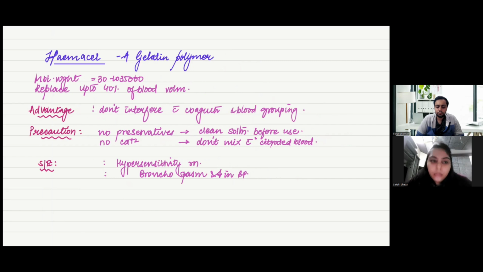Since HemSL does not have any preservatives, the solution has to be clean before use. And also, it doesn't contain calcium, so it cannot be mixed with citrated blood. Side effects of HemSL are again hypersensitivity reactions and bronchospasm, or it can lead to hypertension in patients.